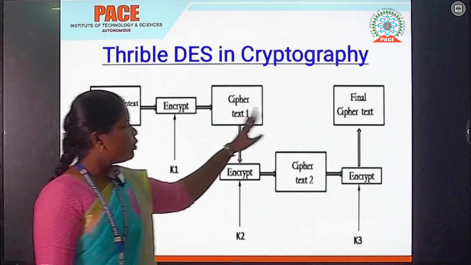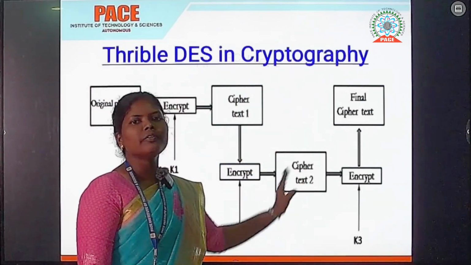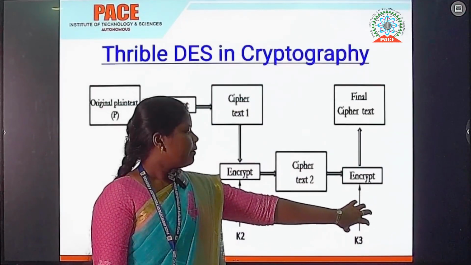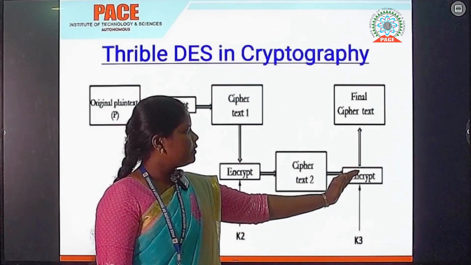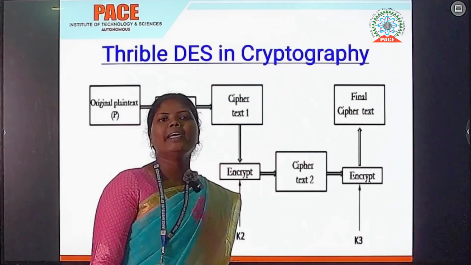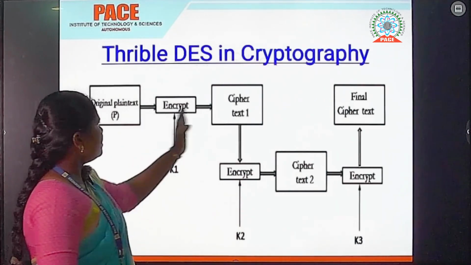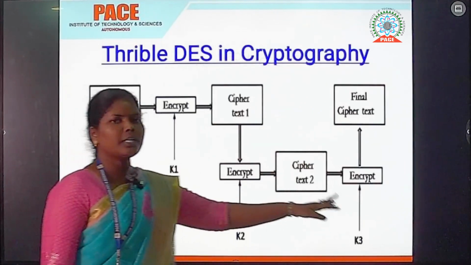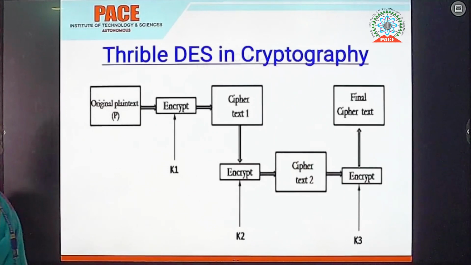Again for the ciphertext 2 we will give the key 3. By adding the key 3 with the encryption, we will go to the final ciphertext C3. C1, C2, C3, and key 1, key 2, key 3 we are having. This is the triple DES in encryption.